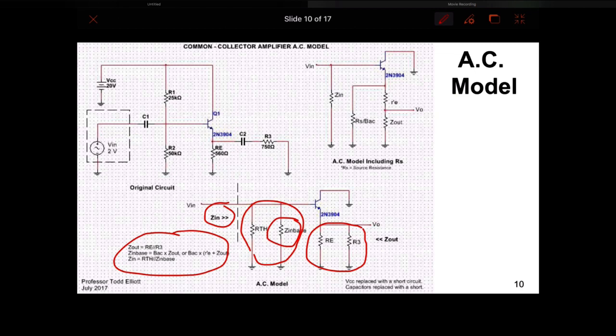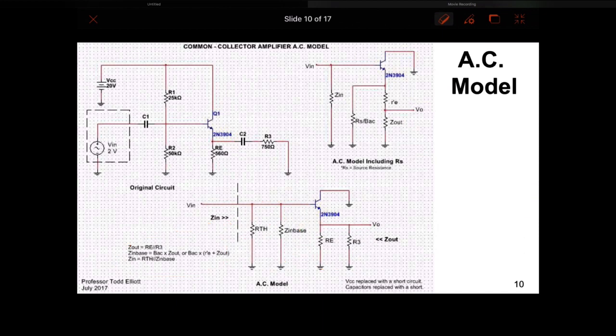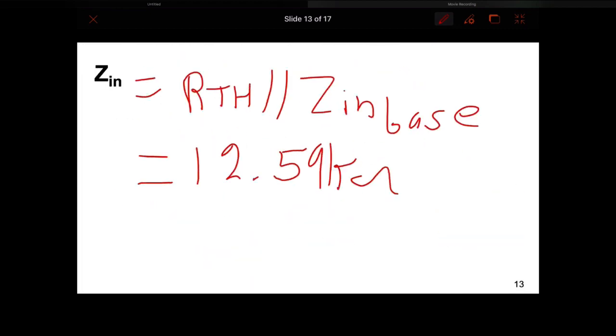If I erase those lines, we can start fresh. R prime E is really up in the emitter right there, so it's really Z out in series with R prime E, if you want to include it. Anyway, we're going to do it both ways.